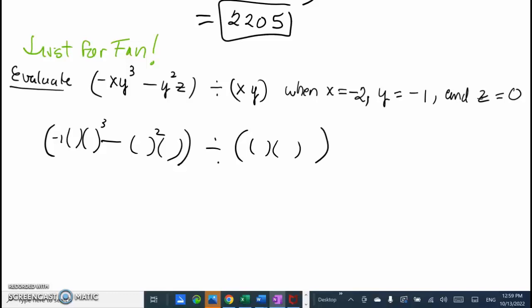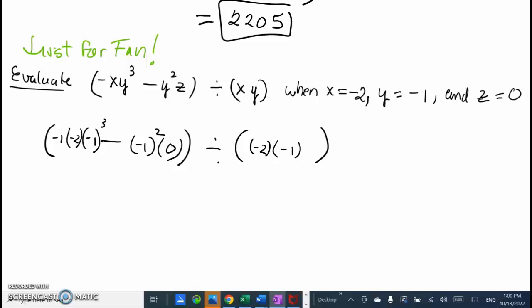All right, let's start plugging in our values. So the x is negative 2, the y is negative 1. Here we have y again, that's negative 1, and the z is 0. All right, last term on the right, x is negative 2 again, and y is negative 1.